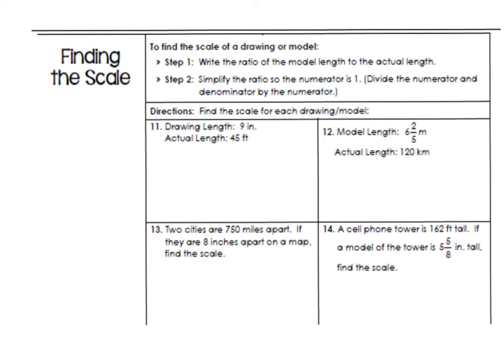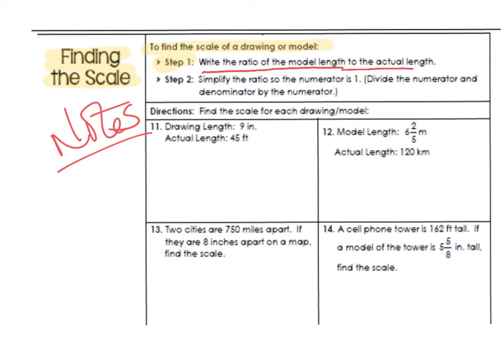So this goes into your notes. This is the second part of our lesson. We are going to talk about finding the scale. There's 2 steps to it. To find the scale of a drawing or model, step 1: write the ratio of the model length to the actual length.